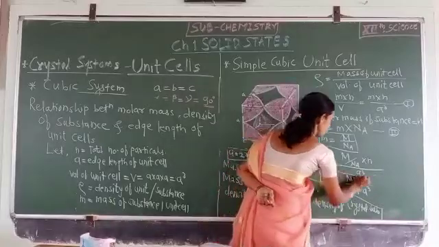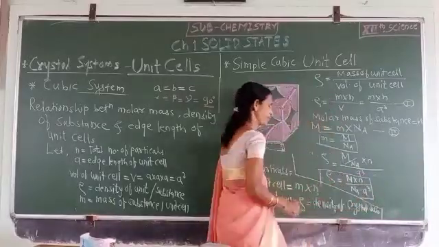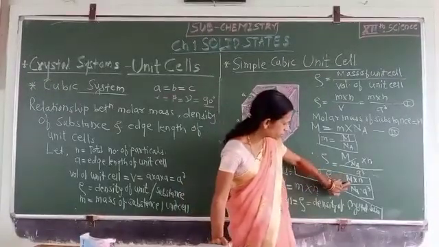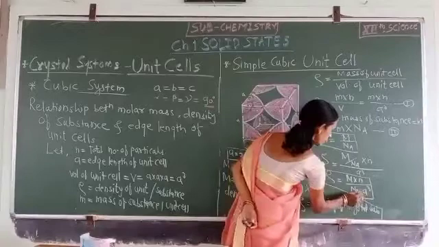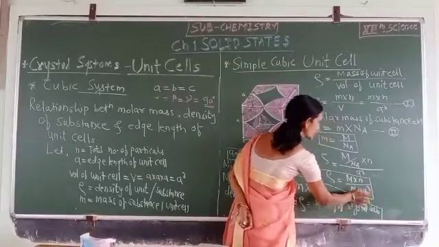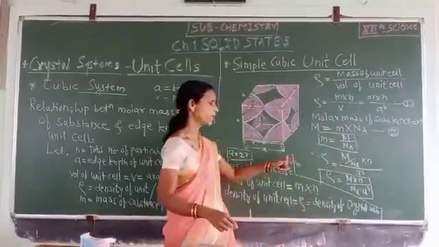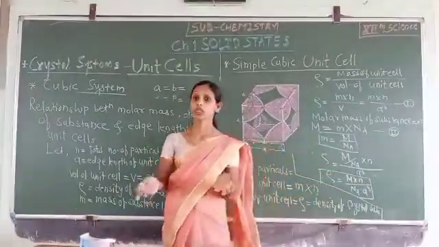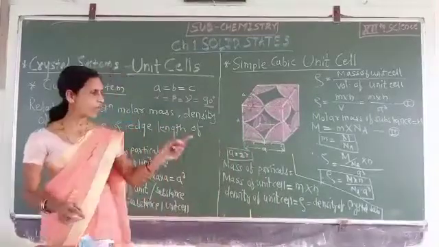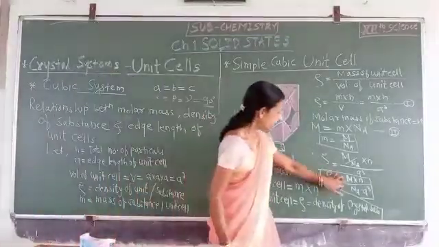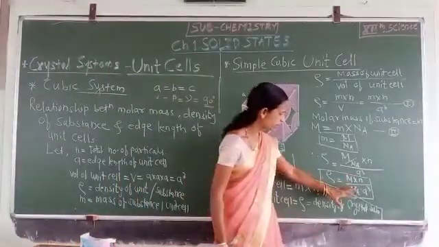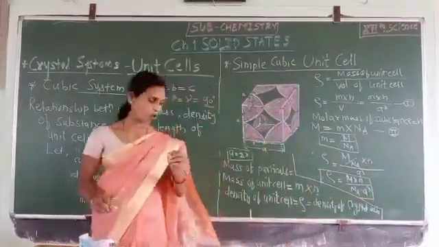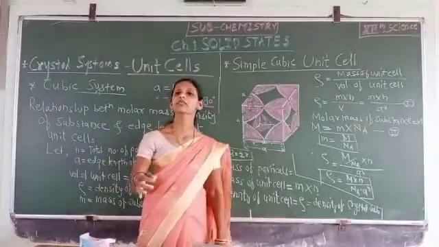That is the relationship between the density of the substance, the molar mass of the substance, and A cube, where A is the edge length of the unit cell. That formula gives the relationship between molar mass, density of the substance, and the edge length of the unit cell of which that substance is made up.